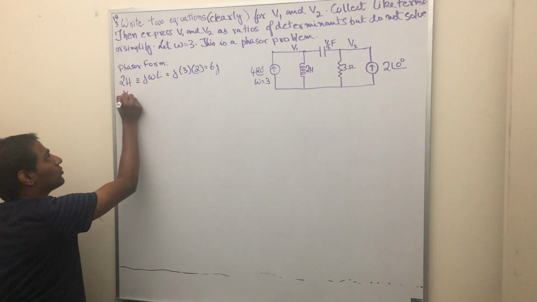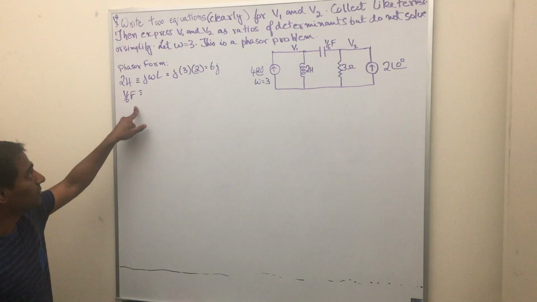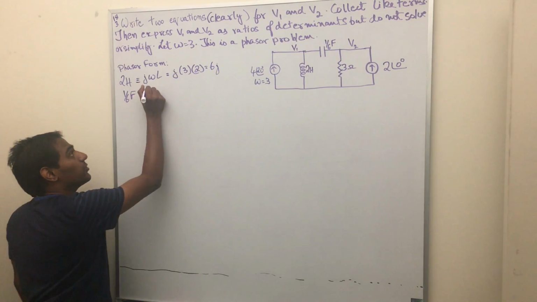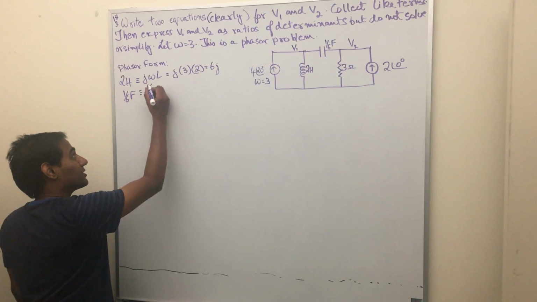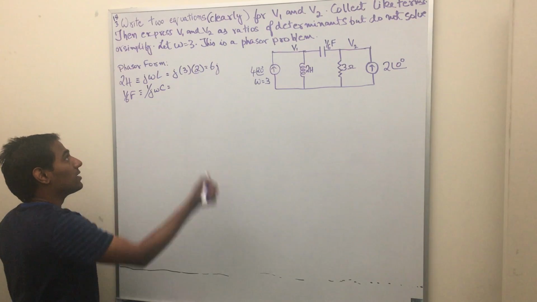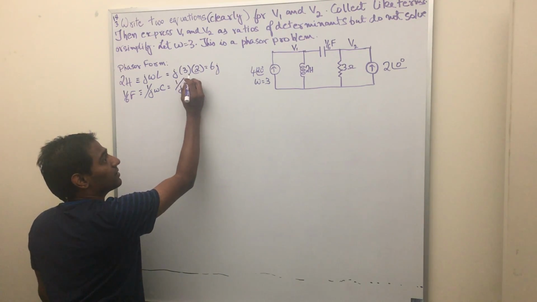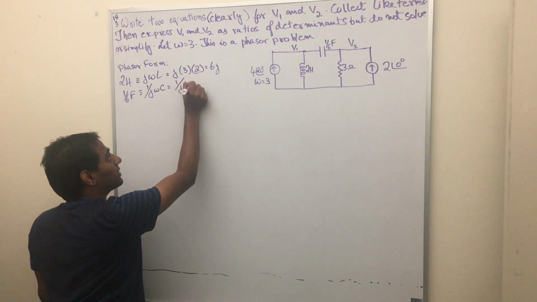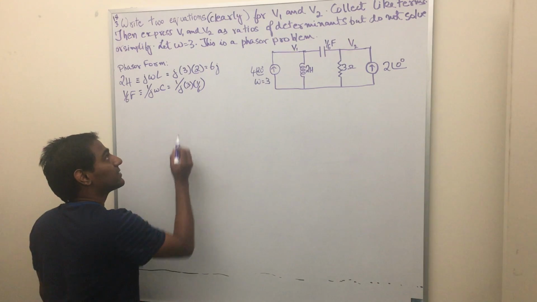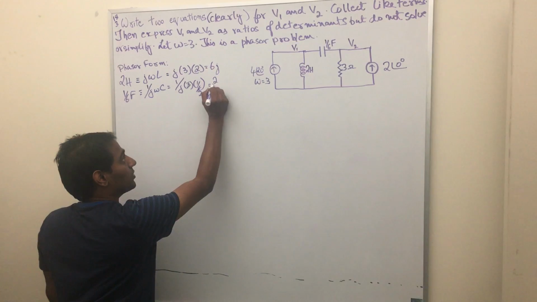And the capacitor, 1 by 6 farad capacitor. To convert a capacitor into phasor form, you would need the equation 1 by j omega C. Omega is 3 and C is 1 by 6, so simplifying it you would get 2 by j.